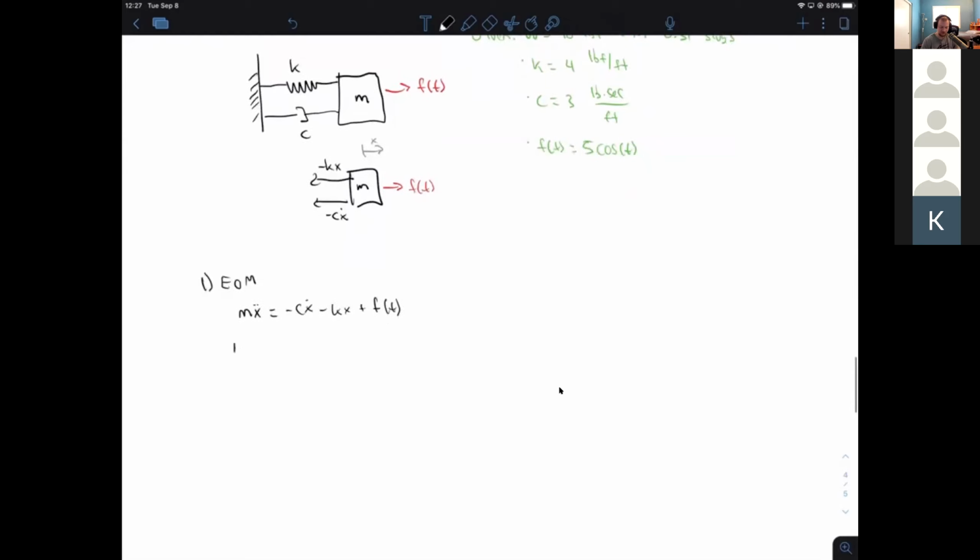All right, so we're going to divide through by m. X double dot equals minus c over m x dot minus k over m x plus f of t over m.